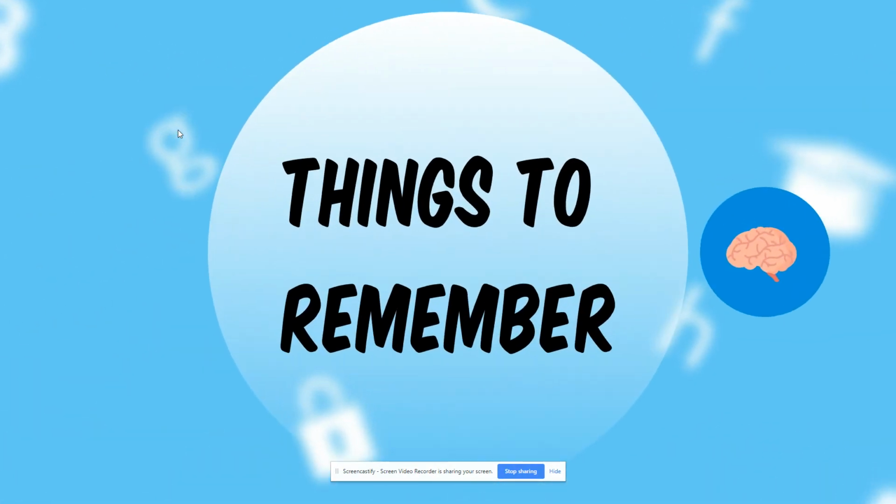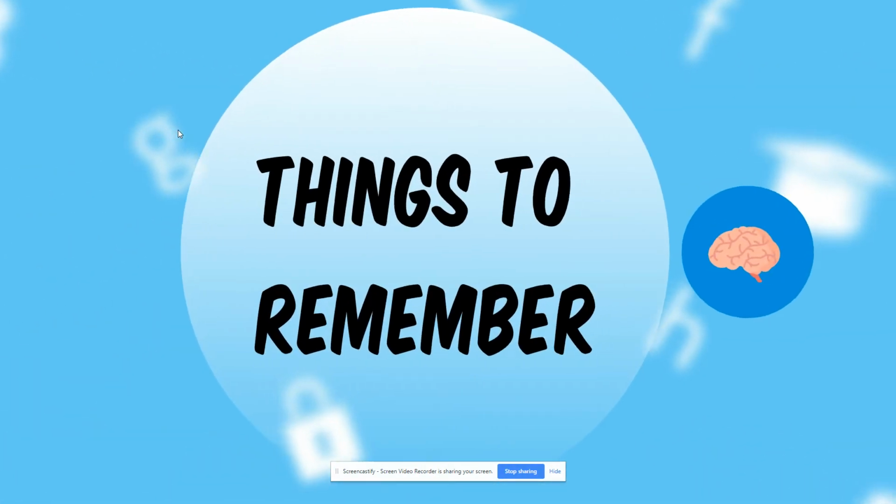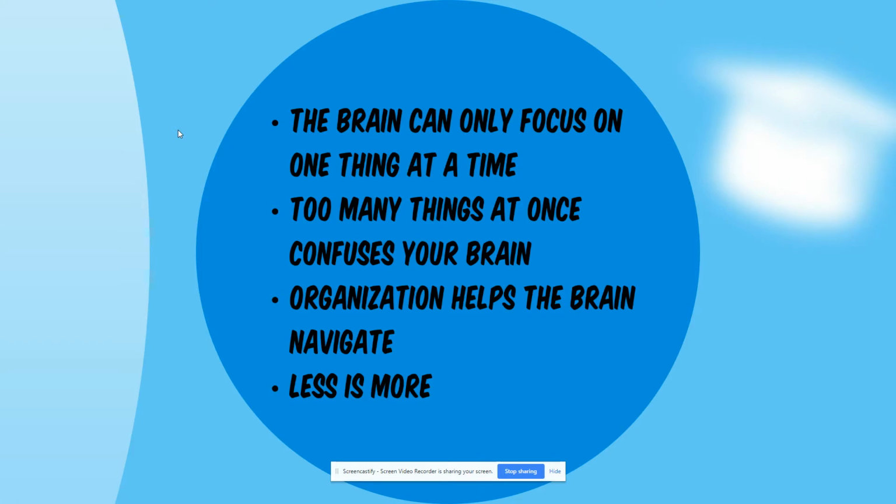Some things to remember, especially as far as your brain. The brain can only focus on one thing at a time. Too many things at once can confuse your brain. So we want to make sure we don't have too much going on in the presentation. Organization helps the brain navigate. If you have things that are scattered all over the place, it makes it hard for your brain to know where it's supposed to look.